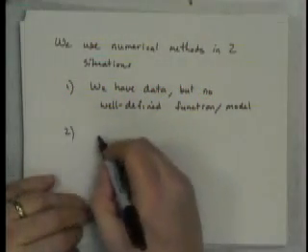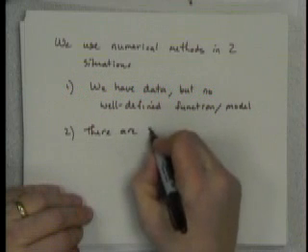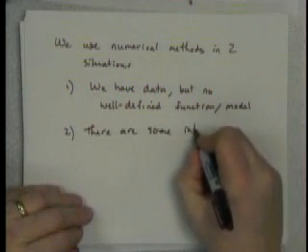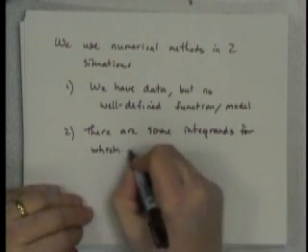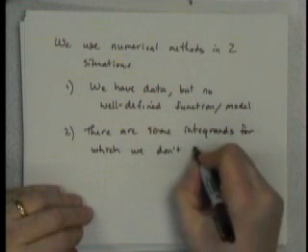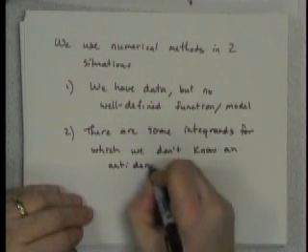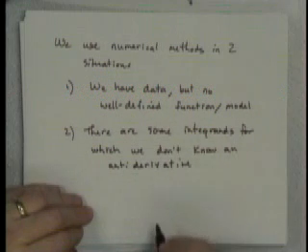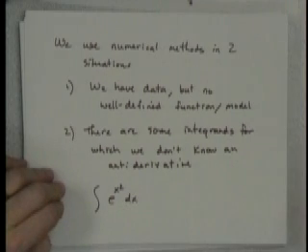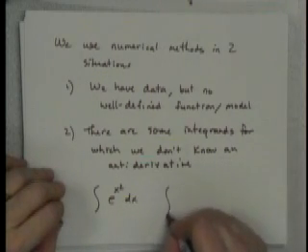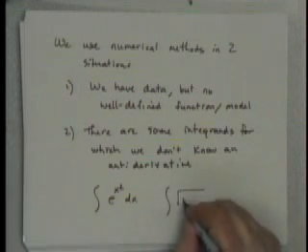The other situation is that there are still some functions for which we don't know the antiderivative. A classic one comes from the bell-shaped curve, something like e to the x squared dx, or ones like the square root of 1 plus x to the 10th.